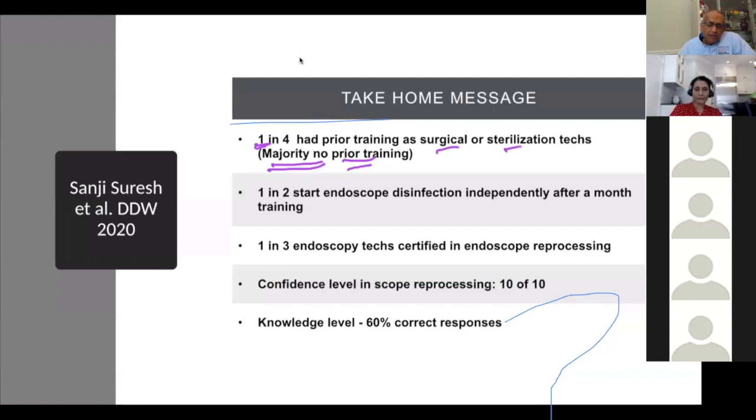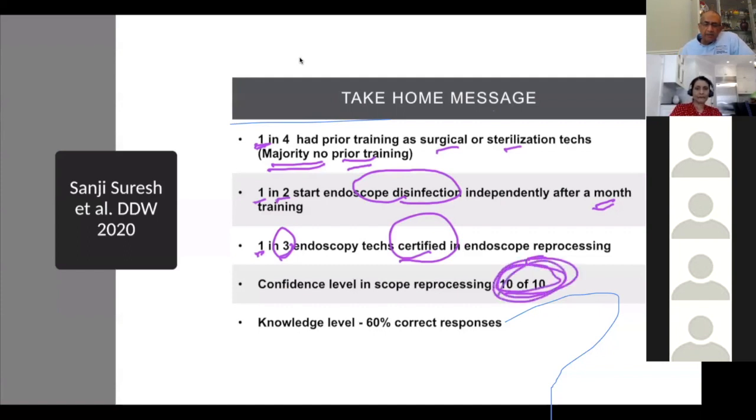And it's also interesting that 1 in 2 start disinfection of scopes after a month of training. And only 1 in 3 actually were certified in endoscopy reprocessing. And when we asked about their knowledge, they all felt very confident, but their knowledge was lagging by about 40%.